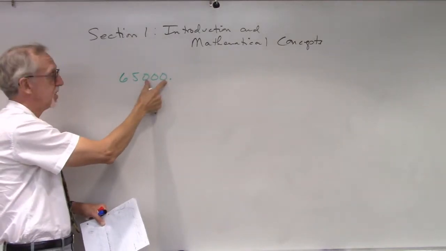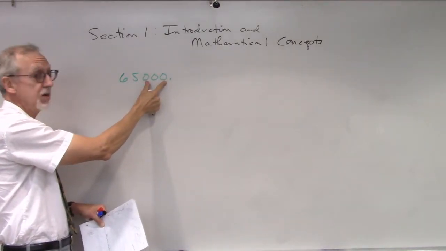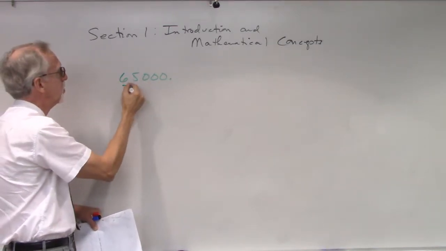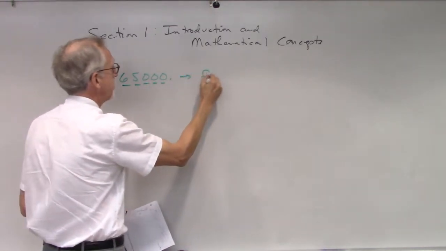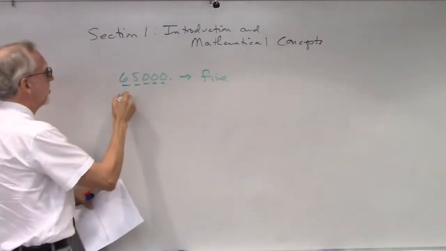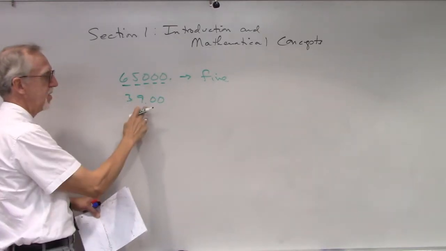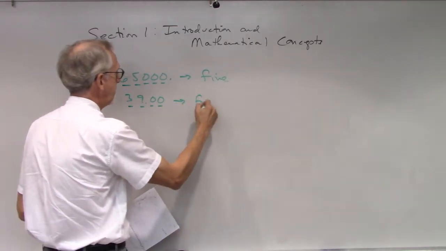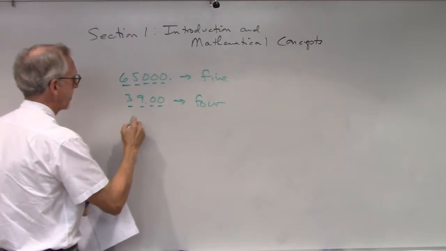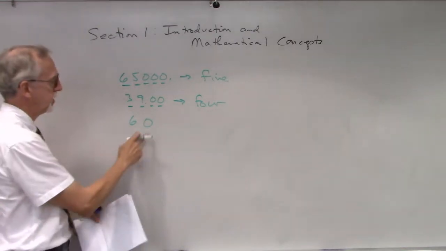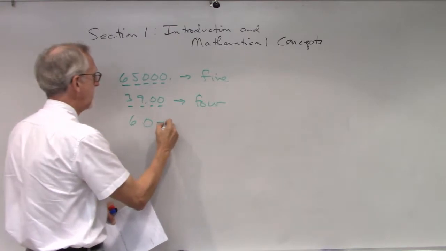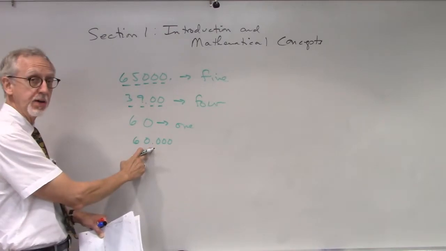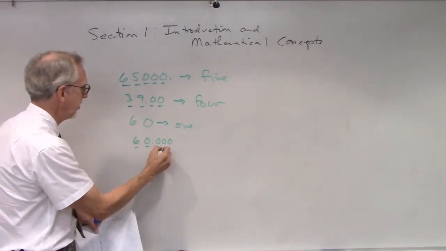Decimal point makes the zeros to the right of the non-zero digits significant, and so 1, 2, 3, 4, 5, 5 sig figs. 39.00. Again, the decimal point makes the zeros significant. 1, 2, 3, 4. No decimal point. So the 0 is not significant. That only has 1. However, 60.000, the decimal point makes the 0 significant. 1, 2, 3, 4, 5.